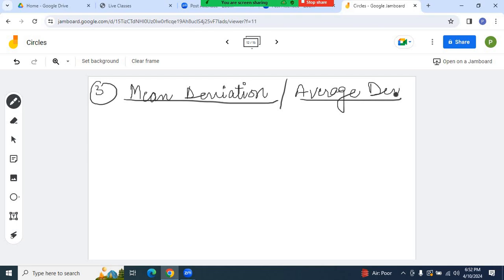I hope you are aware of absolute values, I mean to say modulus. For example, if I take -3, the modulus will be 3, regardless of the signs. So the modulus of 3 will be 3 itself, and the modulus of -3 will be 3 only. So we discard the negative sign, we take its absolute value. So we have to use these absolute values in deviations.